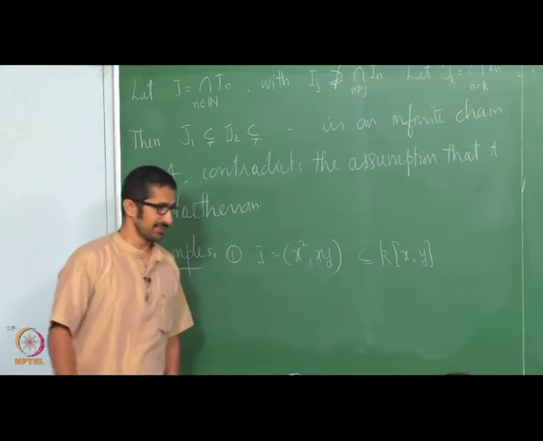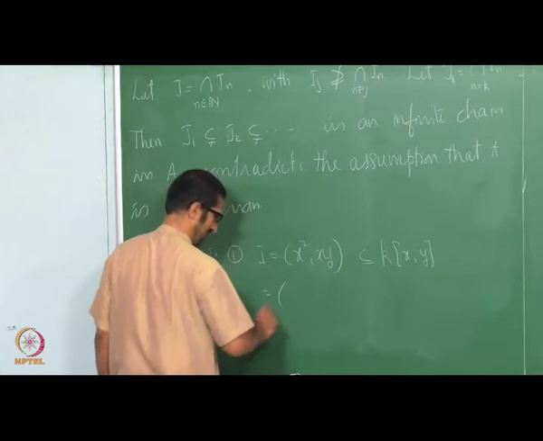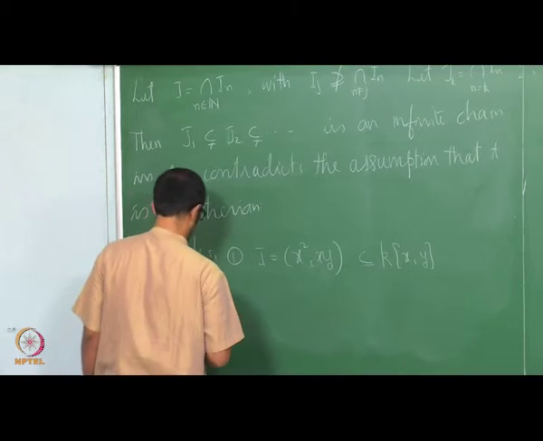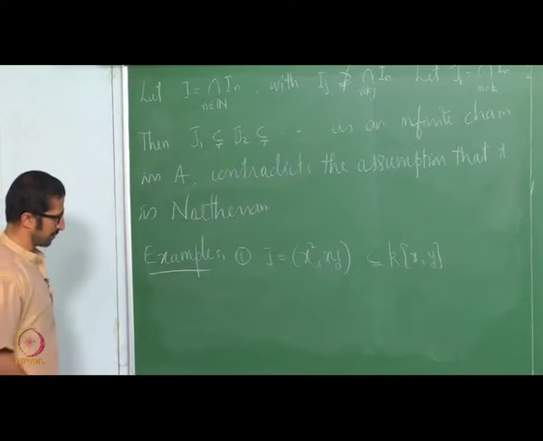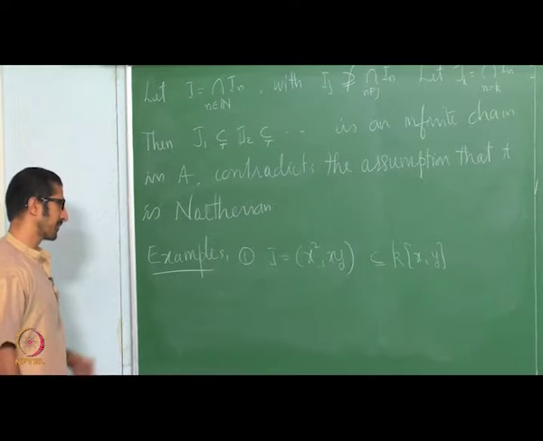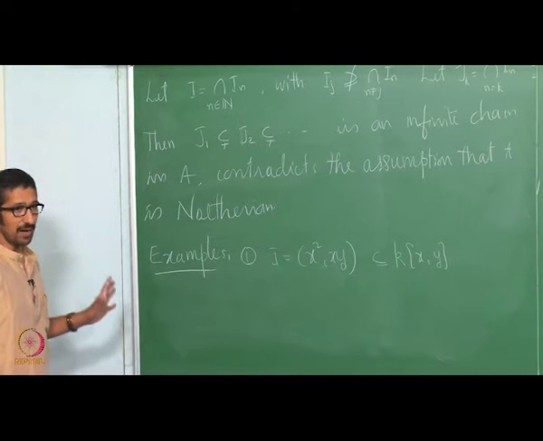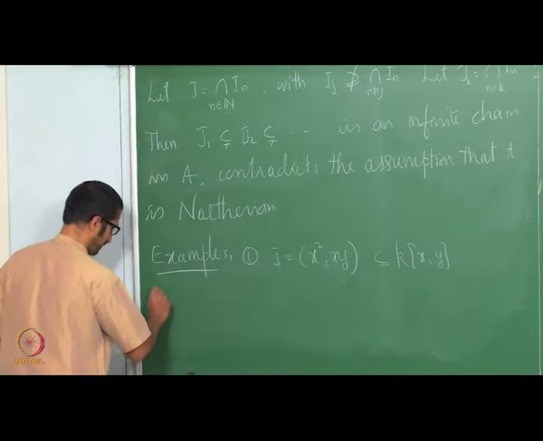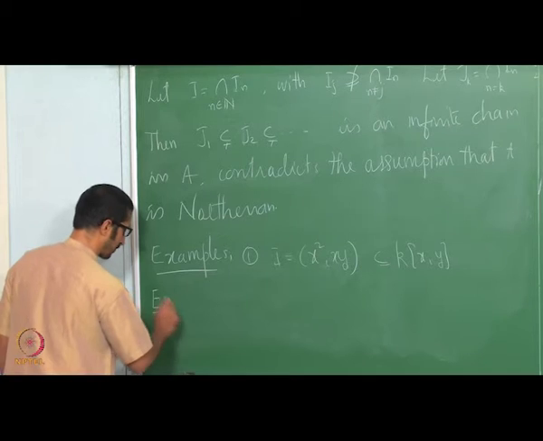For the case of monomials, finding a primary decomposition is not always a trivial task, but in the case of monomial ideals it is very easy. Let me write down one exercise.